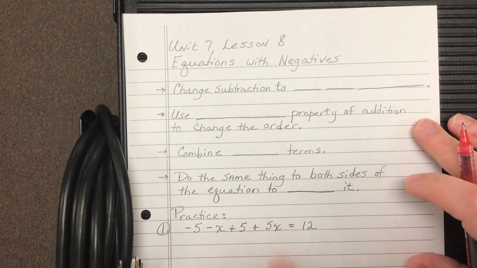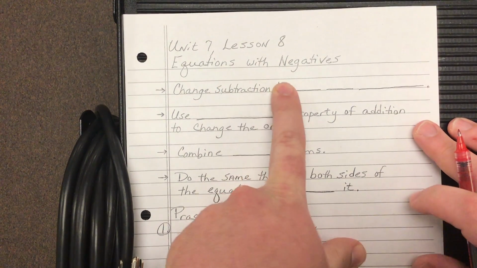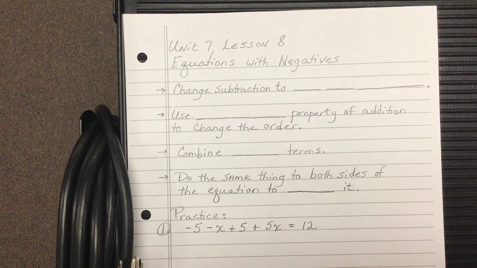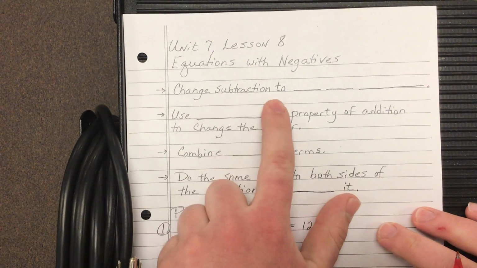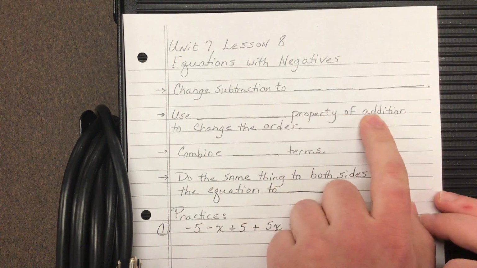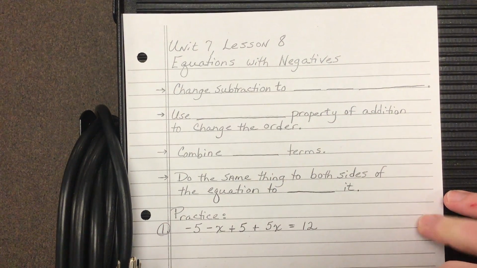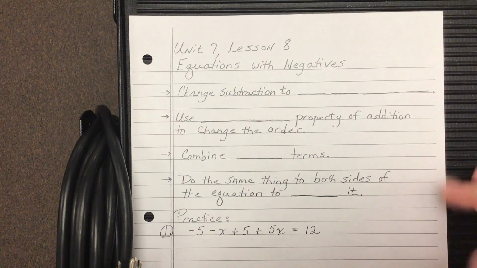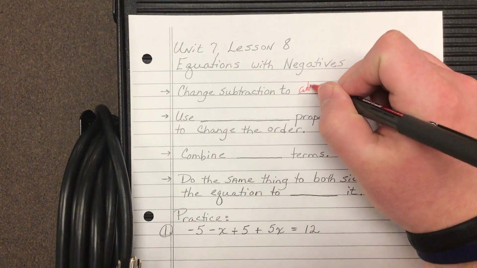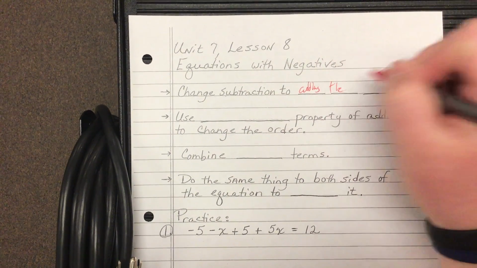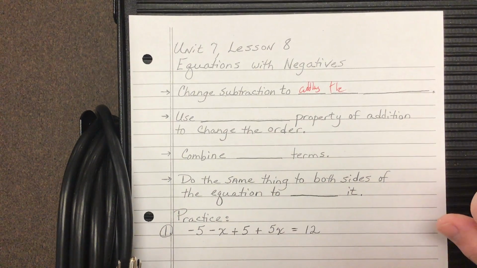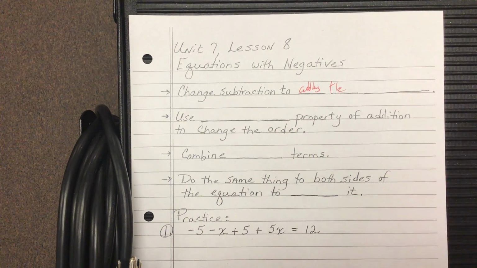Alright, so we're gonna work with equations with negatives this time. We've worked with equations, we worked with negatives, right, Landon? So now we're just gonna put them together. We can change subtraction to, what's the same as subtraction? Adding the opposite.